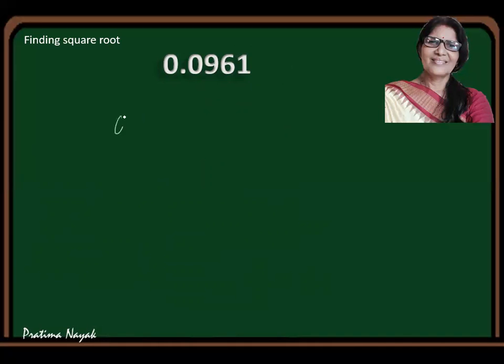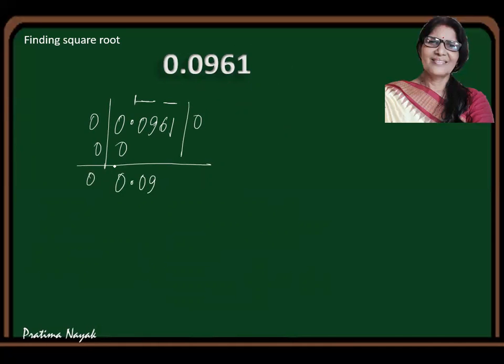0.0961. Make pairs from the decimal towards the right. Here we have 0, 9, then 6, 1. What should I put? 3, certainly.